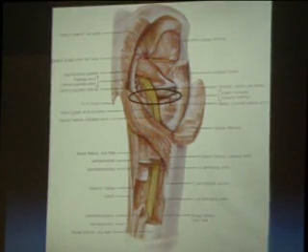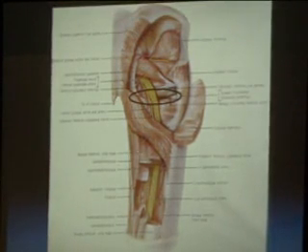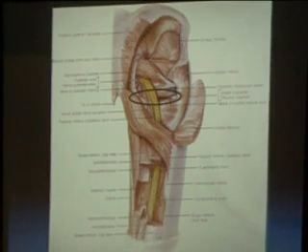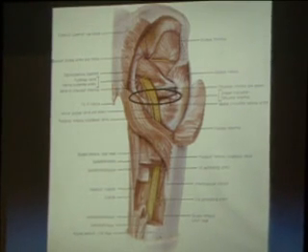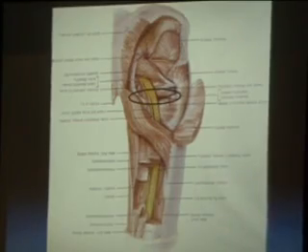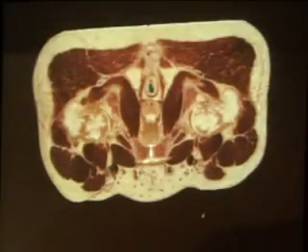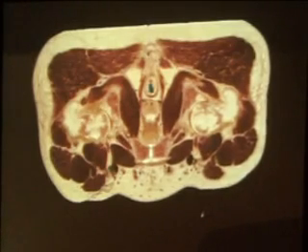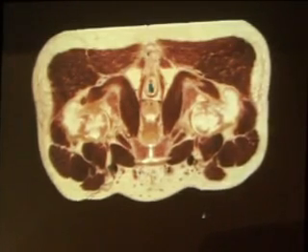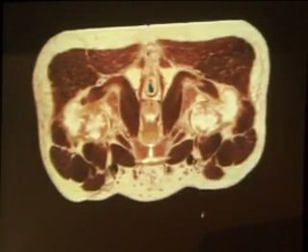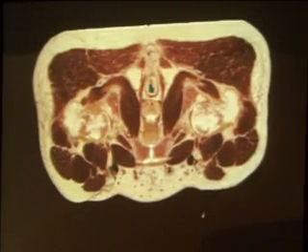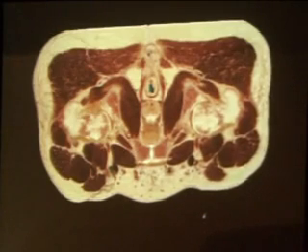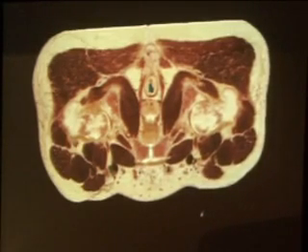The subgluteal sciatic, which I'm talking about here, you can do at the mid-thigh level, or you can do at the popliteal level. And you can get the components that supply the ankle and foot. And proximal sciatic, this is an anatomic cross-section. So you can see the head of the femur, and you'll be coming from the posterior side, and that is the posterior side, gluteus maximus, that's where my sciatic nerve is.